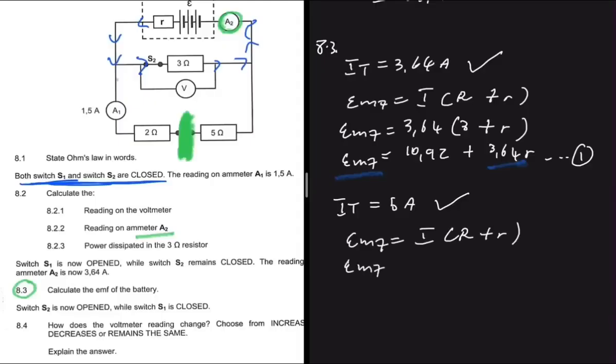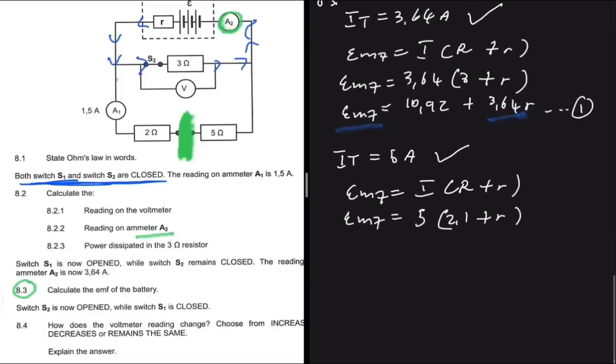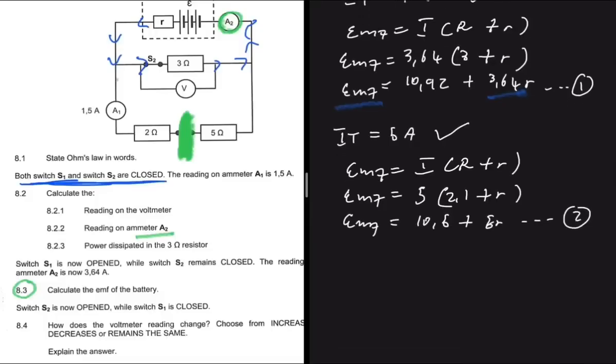So the EMF is equal to the current, which is 5 amperes when both switches are closed, multiplied by the external resistance, which is RP, that was 2.1, and then plus internal resistance. So the EMF is equal to 10.5 plus 5R. Equation 2.